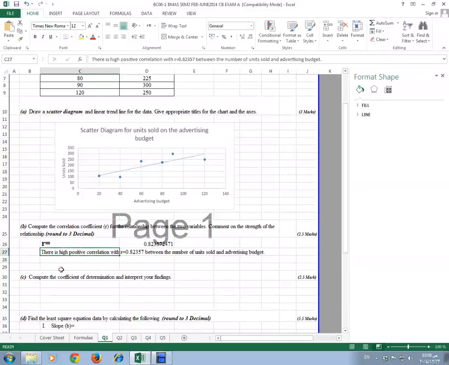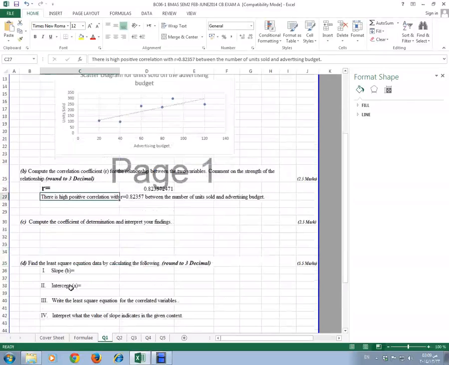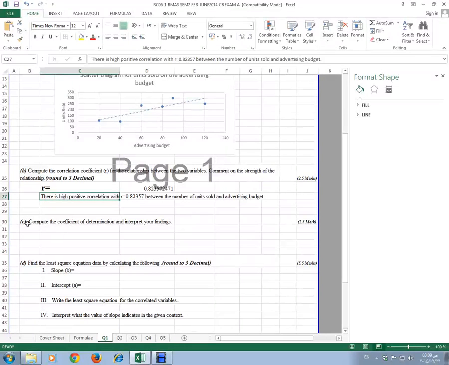The next question is compute the coefficient of determination and interpret the finding.